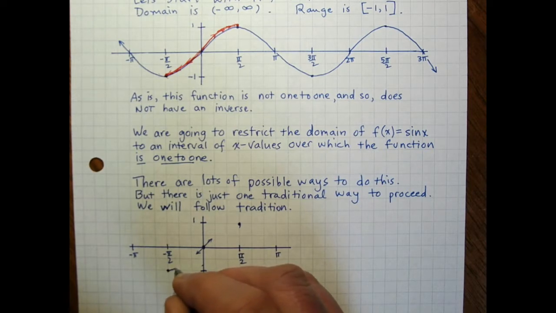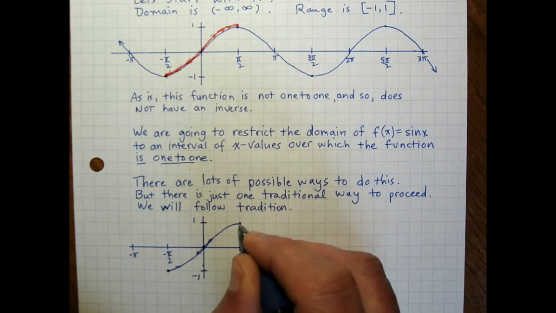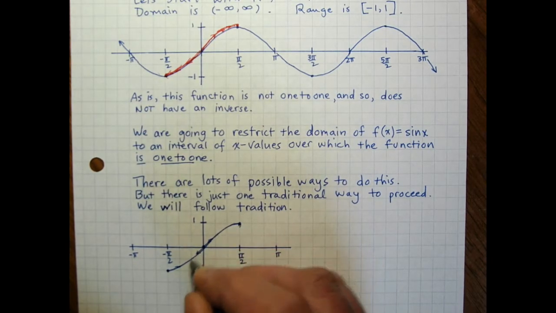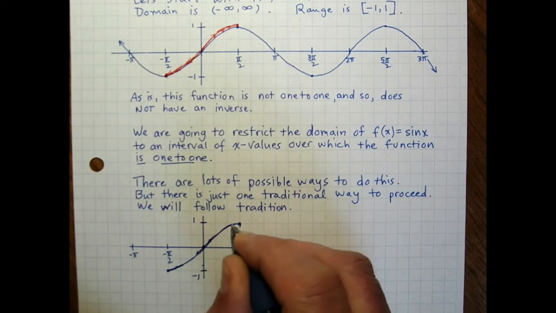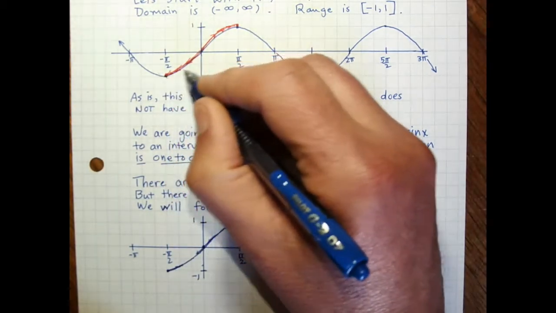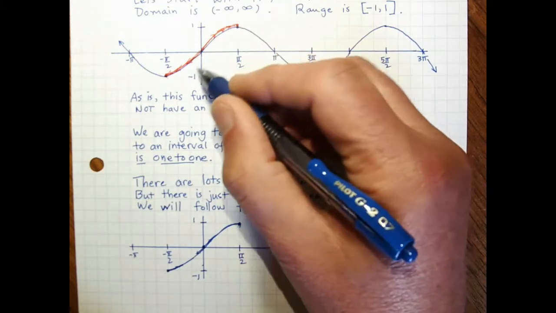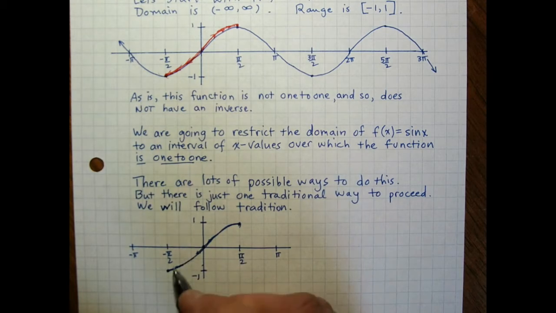It goes from this point to that point. And so drawn by itself, it just looks like a little bit of a wiggle. I think it's really, really helpful to remember that we're choosing a portion of the full sine wave, but only from -pi over 2 to pi over 2.